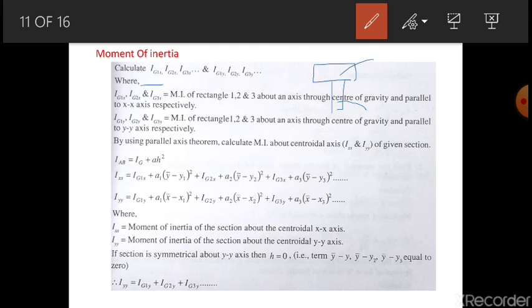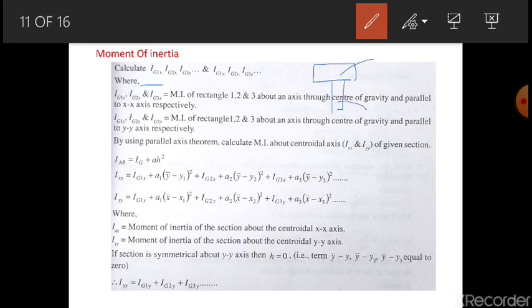Next, using the parallel axis theorem, you have to find out Ixx and Iyy with respect to the reference line. What your reference line is and where it is, we will understand in the problems we are going to solve.